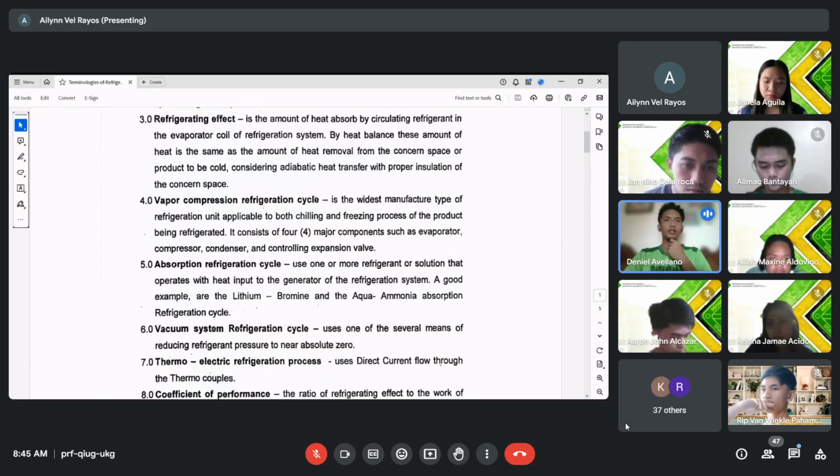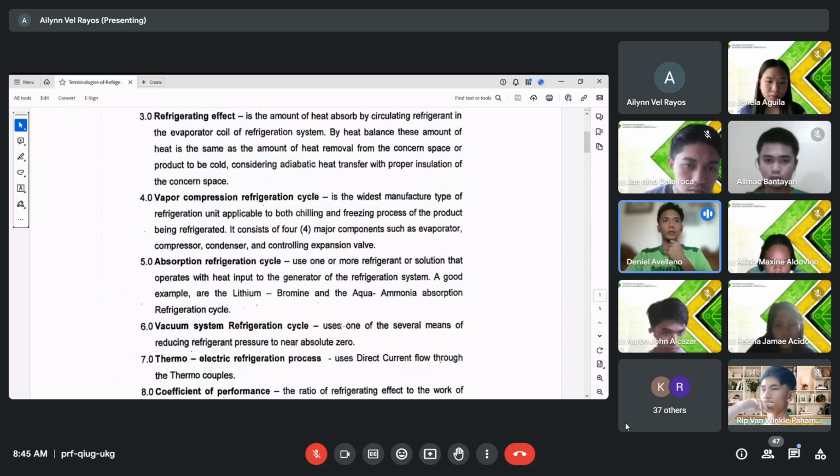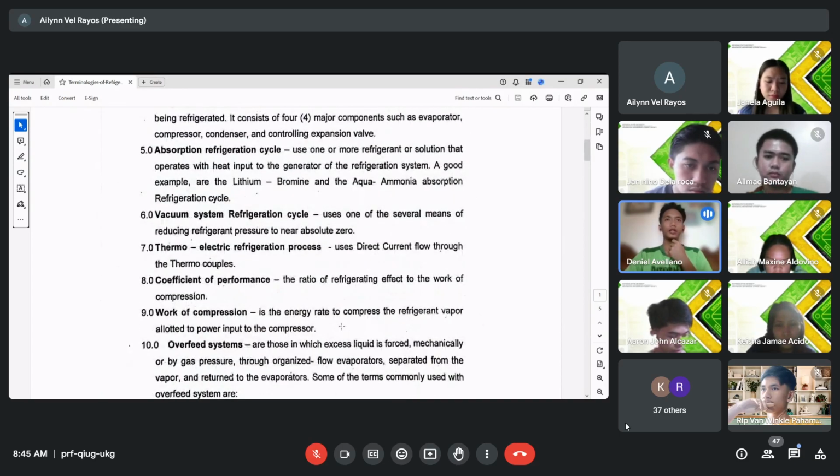Absorption refrigeration cycle uses one or more refrigerant or solution that operates with heat input to the generator of the refrigeration system. A good example are the lithium bromide and the aqua ammonia absorption refrigeration cycle.